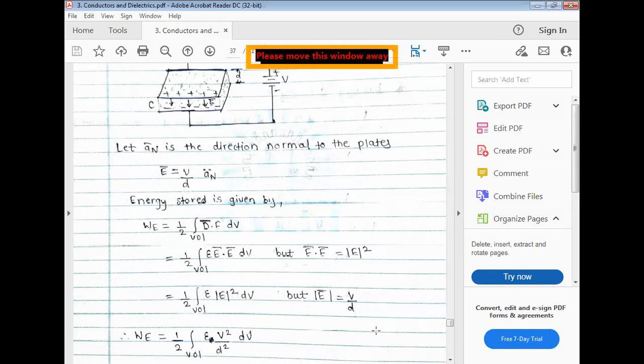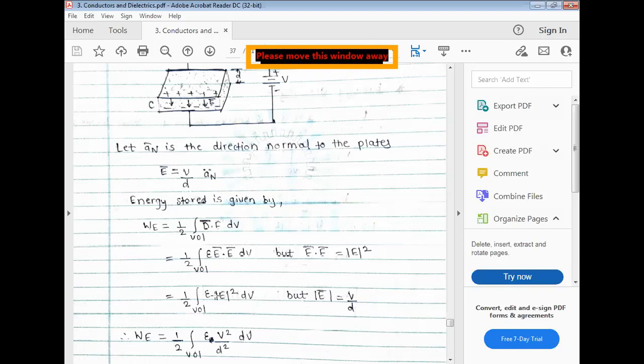Any vector is equal to its magnitude into direction. The direction is the same, and their dot product is equal to 1. Therefore, E bar dot E bar is equal to mod of E square, or you can write it as only E square. So it is 1 divided by 2 volume integral of epsilon mod of E square into dv.